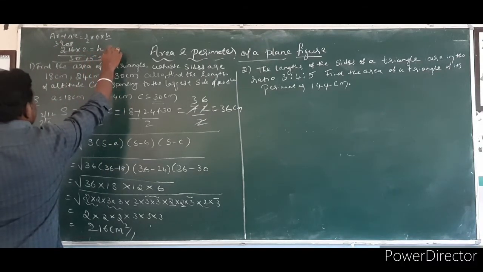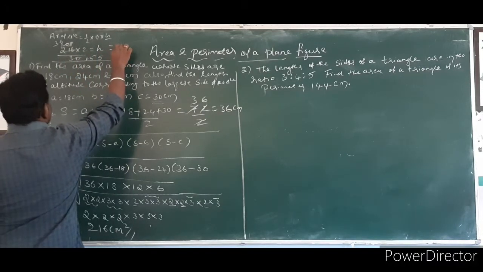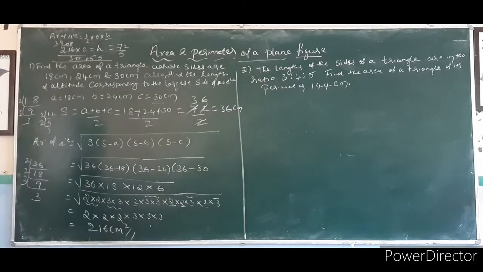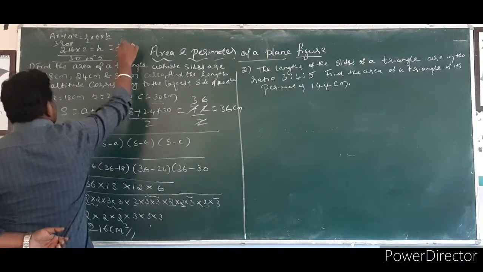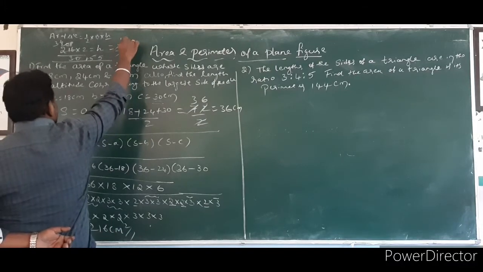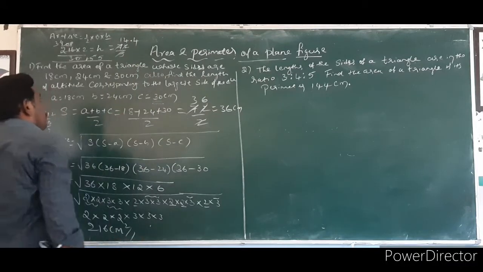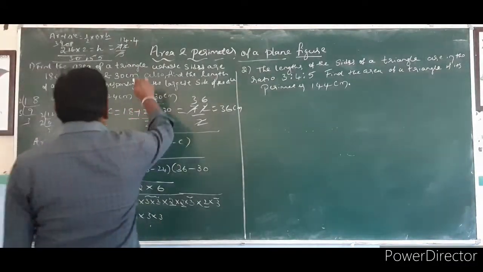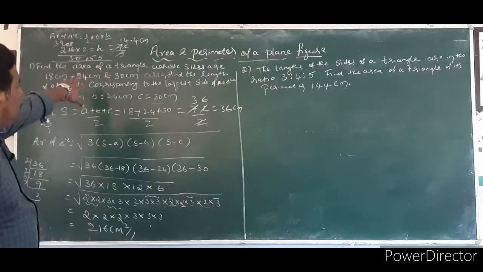Here H value is equal to 36 2s are 72 divided by 5. 72 divided by 5. If you cancel this, 5 1s are, 2 is remaining, 5 4s are 20. Again 5 4s are 14.4. Height is how much? 14.4 centimeter. So we get height is 14.4.